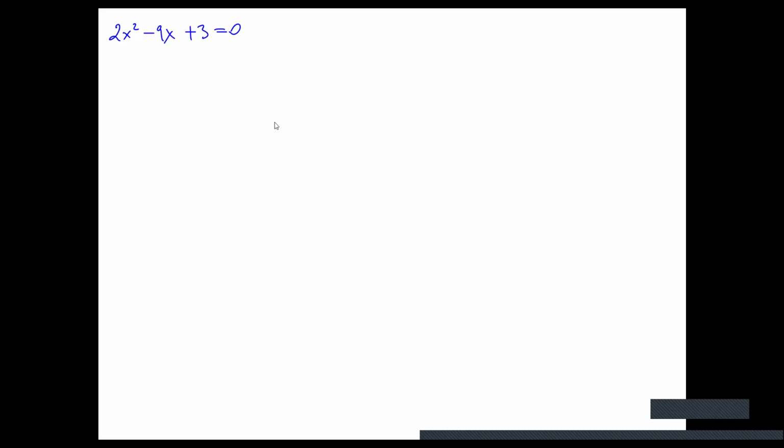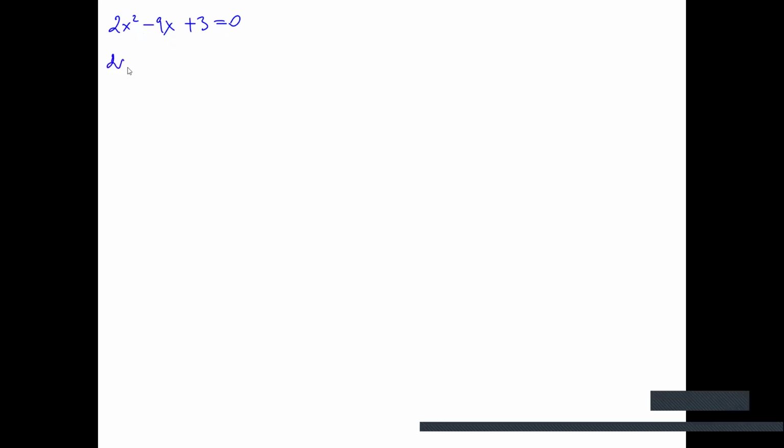So very important to do it at least once by yourself, right? So what is the first step? 2x squared minus 9x equals minus 3, right? Then we divide everything by 2, and I have x squared minus 9 over 2 x equals minus 3 over 2, right?